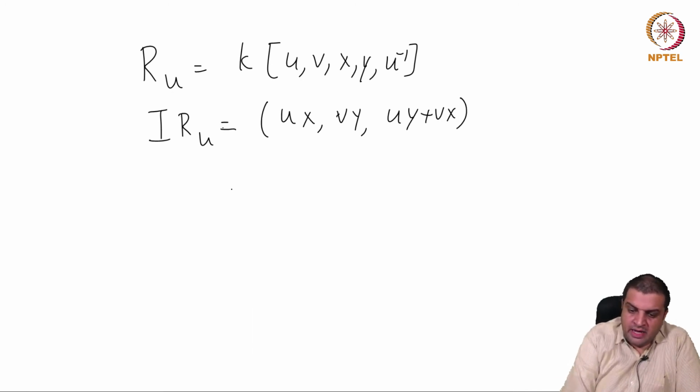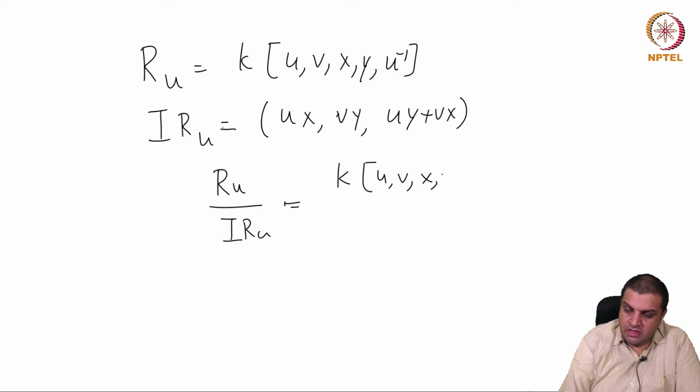And so R_U mod I_R_U is k adjoint u v x y u inverse modulo.